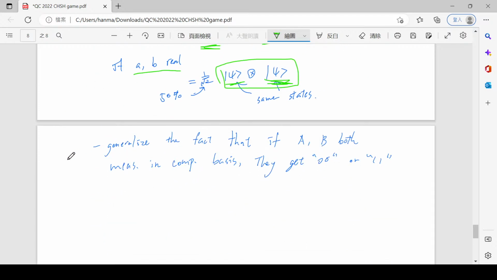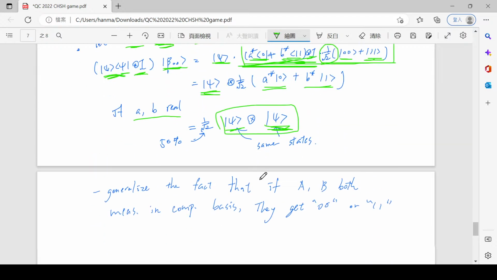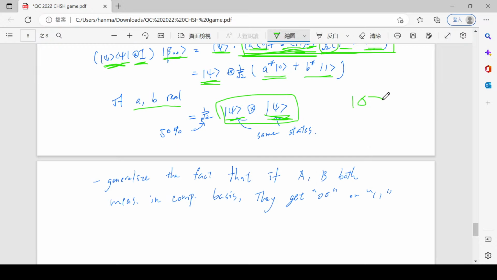Okay. So for example, just once again, if this psi is 0, then Bob will also get 0. And if this psi is 1, then Bob will also get 1.